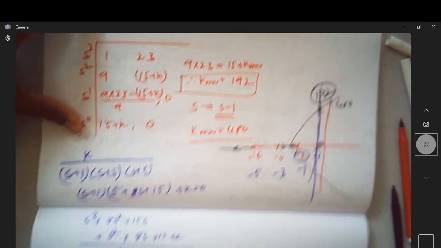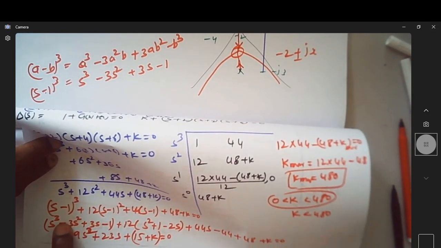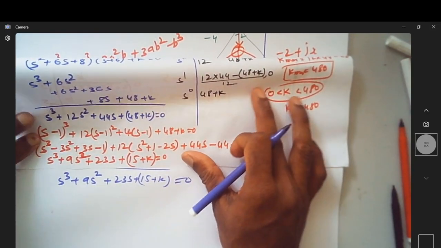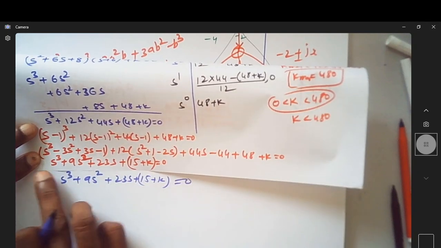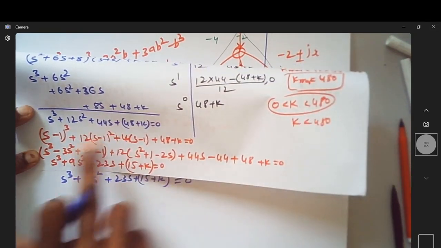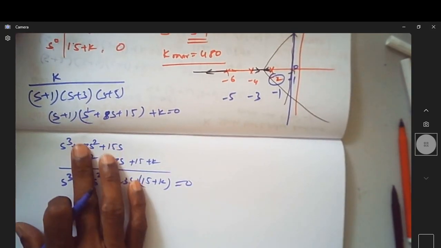Earlier I had this characteristic equation by replacing s by s minus 1. Can you just see here? Are both of them the same? This is the characteristic equation obtained by replacing s by s minus 1 in the characteristic equation.